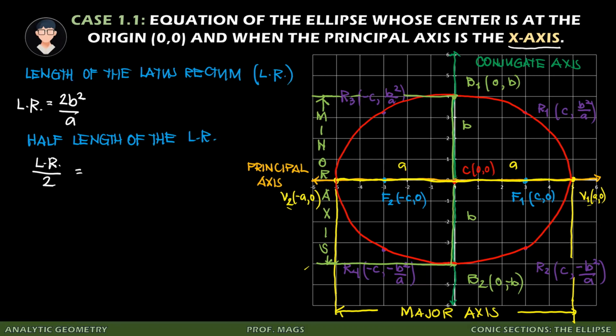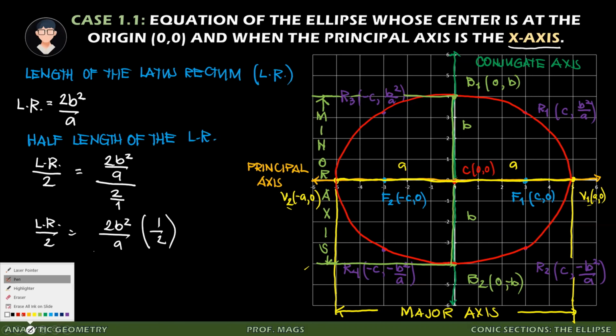Ano ba yung ating length of the latus rectum? Di ba 2B square all over A? And we divide it by 2. If you're going to get the reciprocal of 2, di ba ang 2 na yan ay may 1 sa baba? Because 2 over 1 is equivalent to 2. So 2B square all over A. If we get the reciprocal of that, we get 1/2.